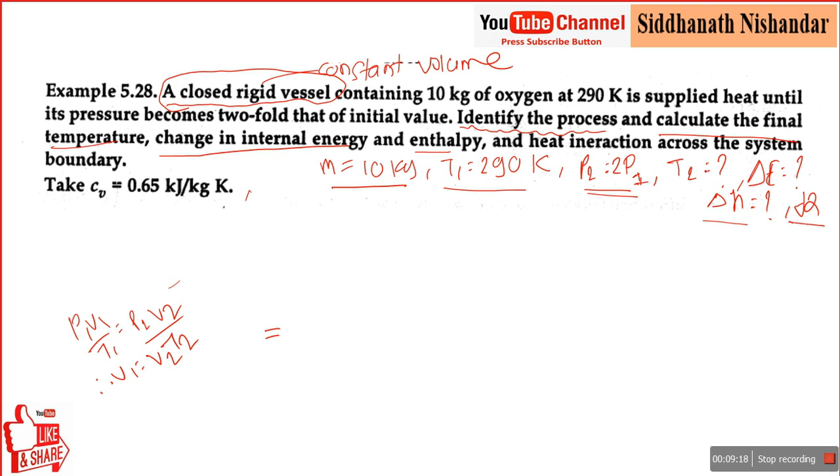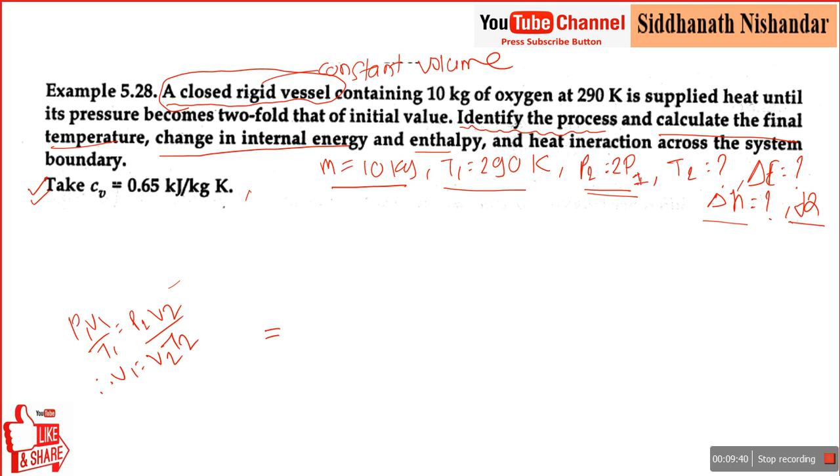We know the process is a constant volume process. The Cv is given. When we identify which process is carried out, constant volume process, we need some basic fundamental formulas regarding the constant volume process.